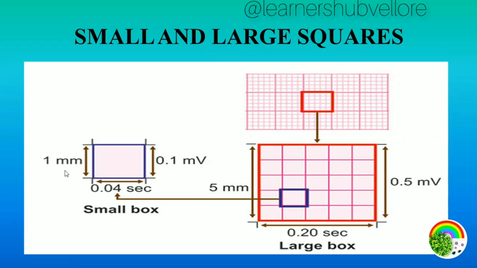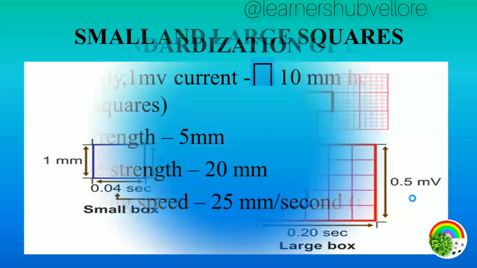For one small box, the height is 1 millimeter. For 5 small boxes, the height is 5 millimeters, 1 multiplied by 5. Now for millivolts, 0.1 into 5, that is 0.5 mV. So these are the values for small and large squares, which we must remember before going into heart rate calculations.